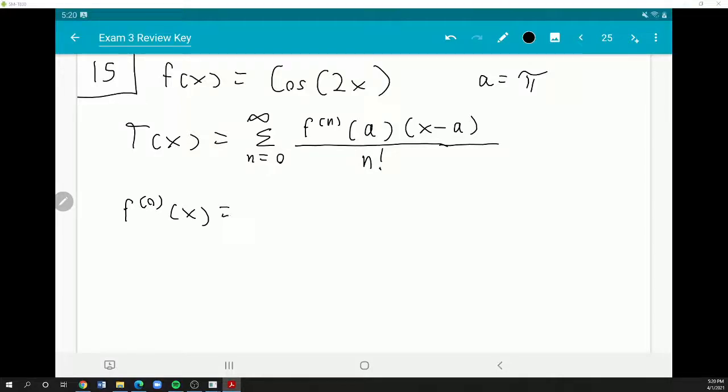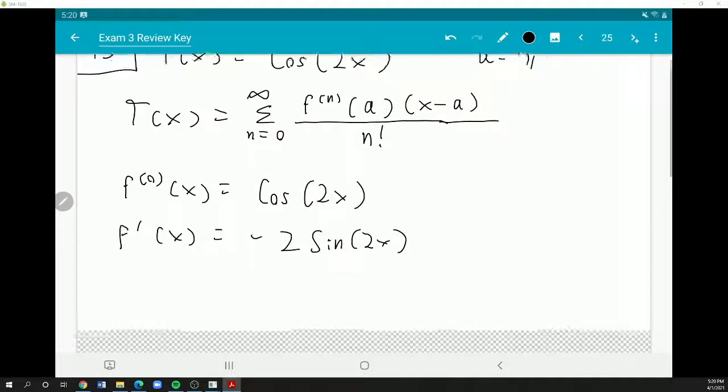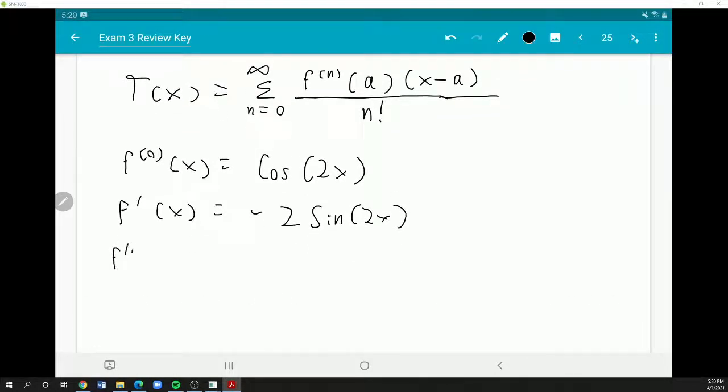So we're given f0 of x is cosine 2x. The first derivative is minus 2 sine 2x. F double prime of x is minus 4 cosine 2x.